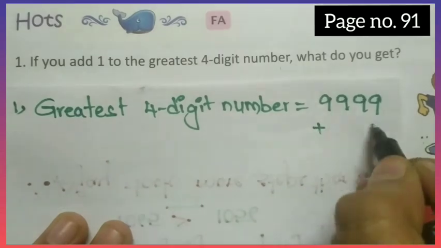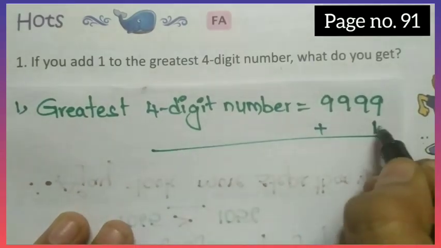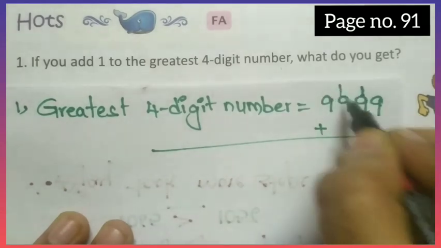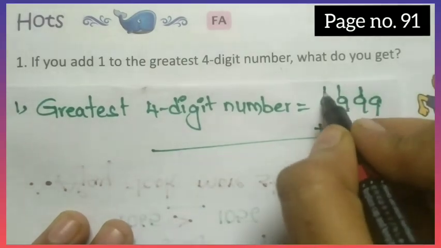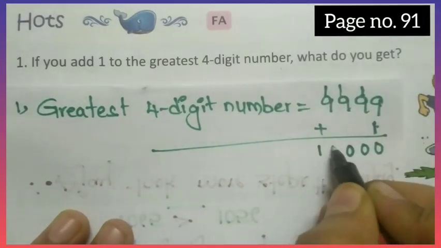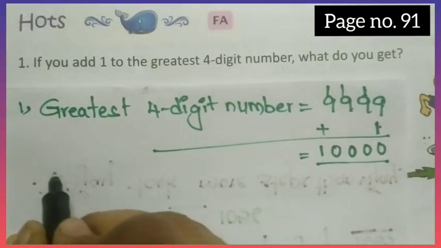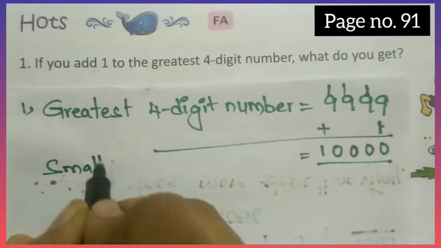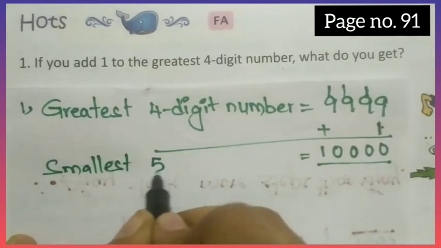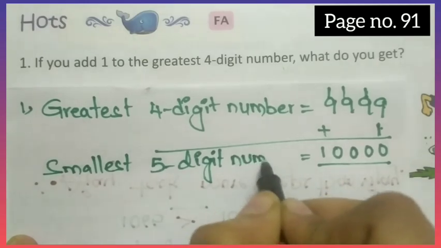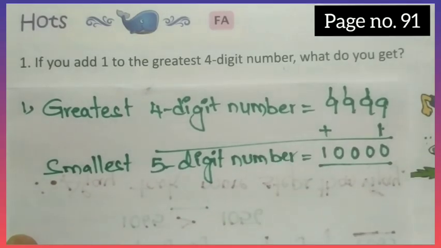Add 1 to the number. 9 plus 1 is 10, 0 here, 1 carry. Again 9 plus 1 is 10, 0 here, 1 carry, and so on. We got 10,000. This 10,000 is the smallest 5-digit number. This is the first answer.